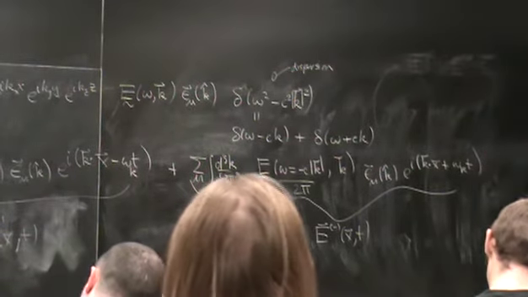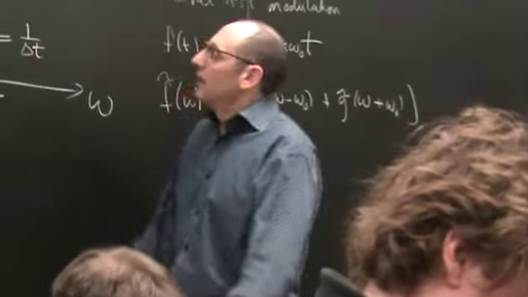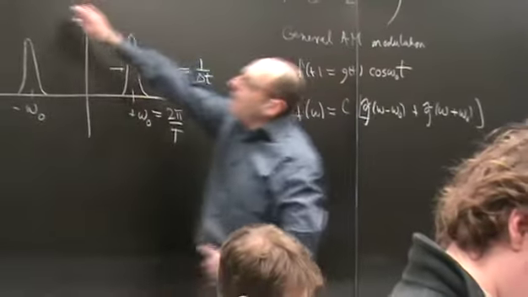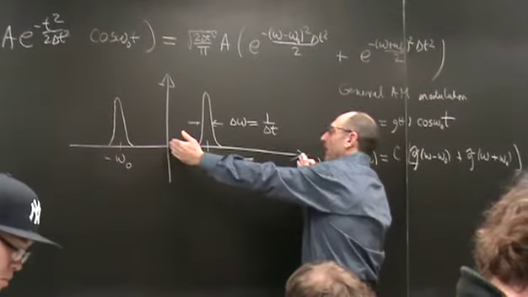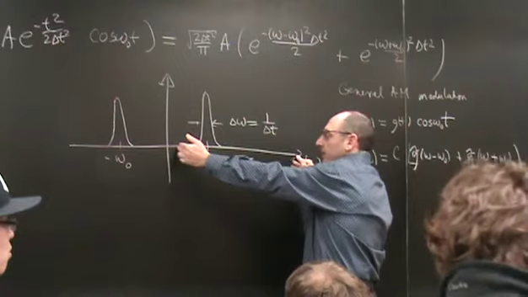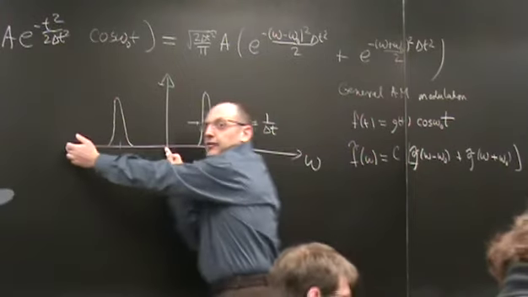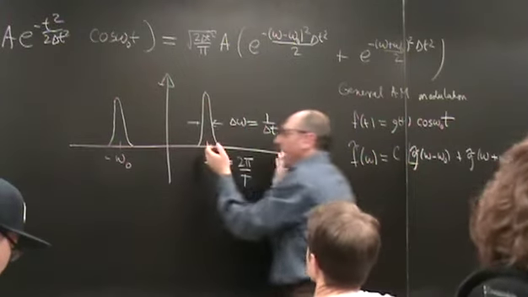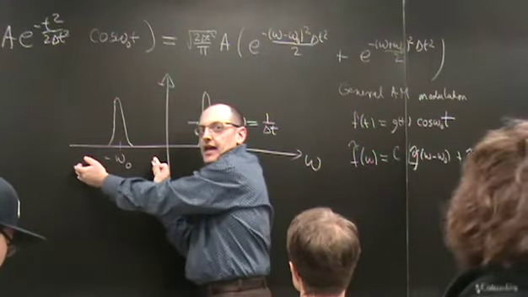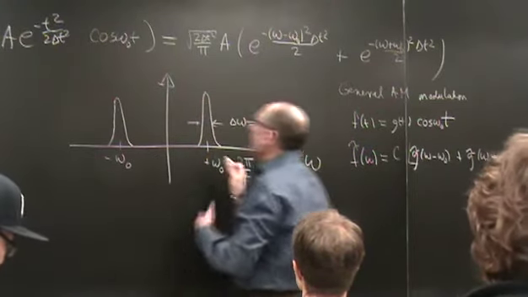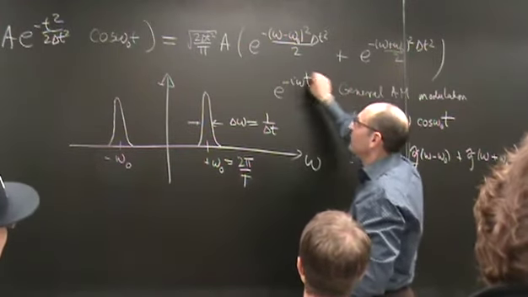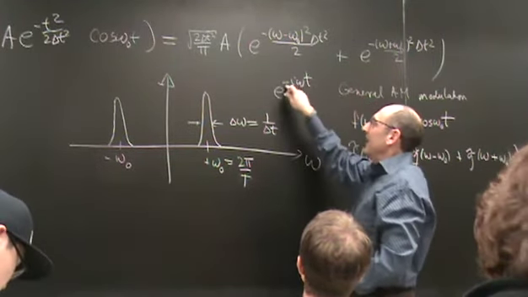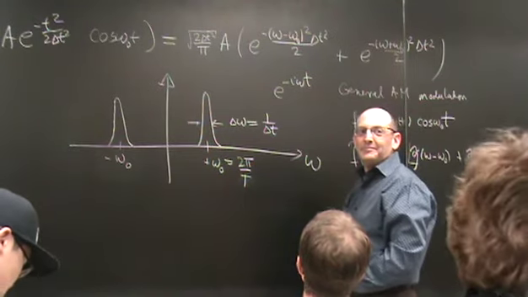Well, you can kind of see that here. Let's go back to this board. We see that when we have any signal, it's composed of frequencies on the positive omega axis and the negative omega axis. So these are the positive frequency components and the negative frequency components. The positive frequency components, by our convention, because we love to confuse things, go like e to the minus i omega t.